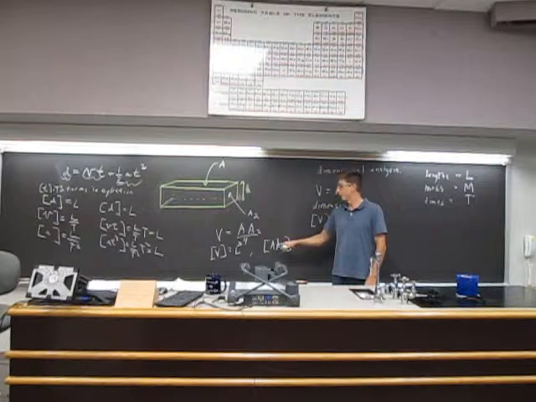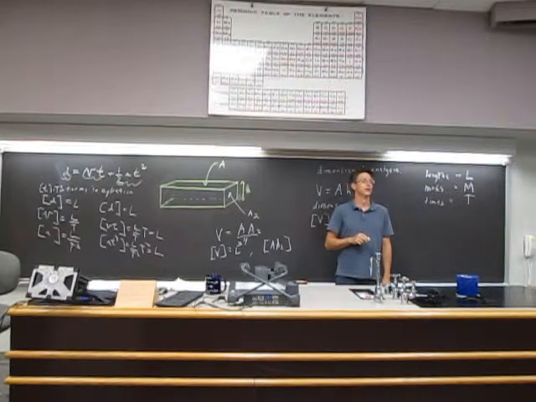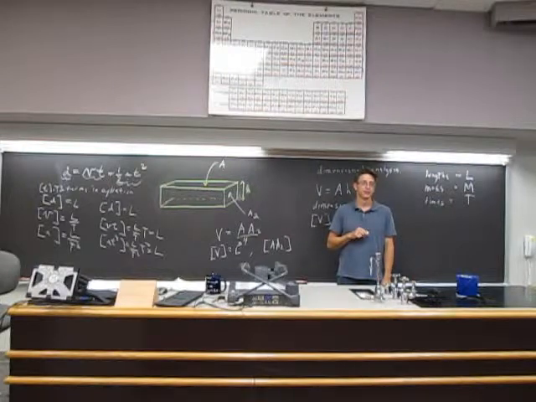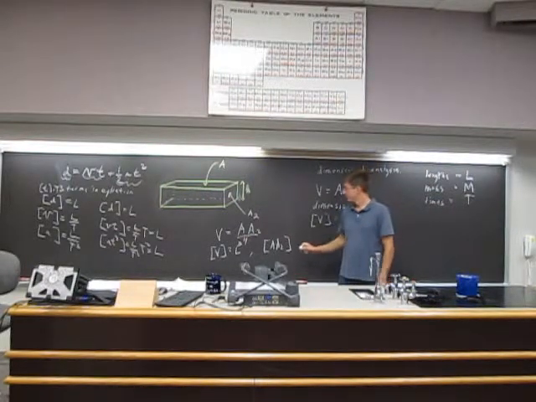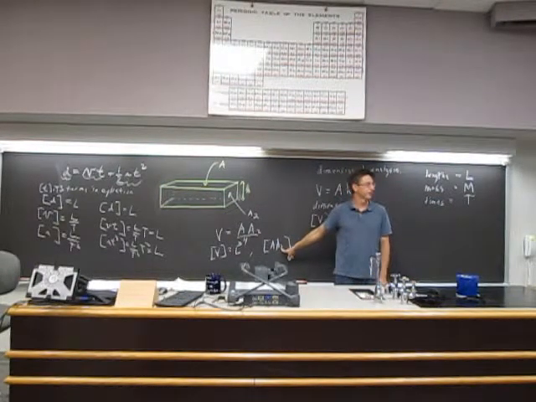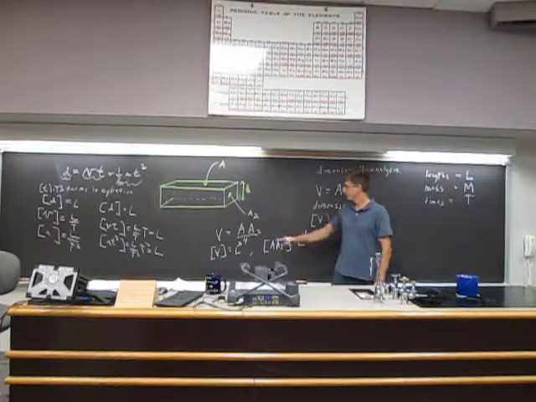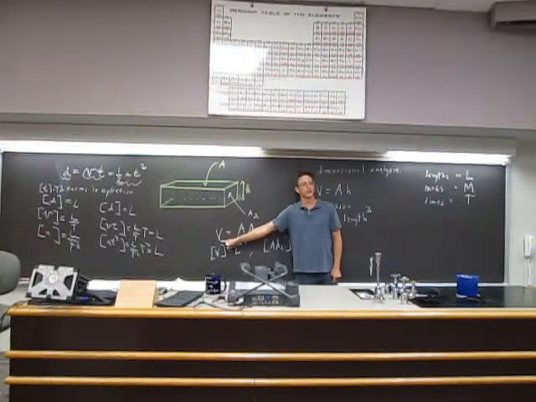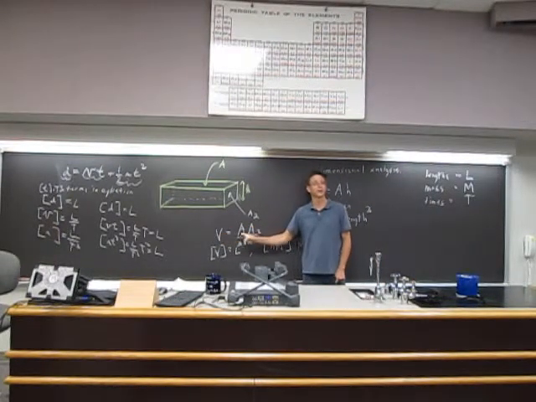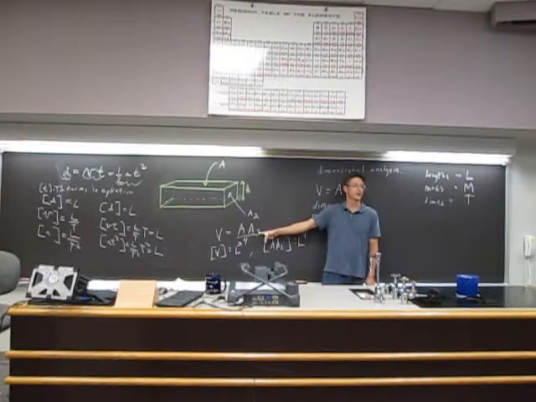So if I multiply 2 areas together, what would be the dimension? Length squared times length squared. Length to the 4th. So here on this side, if I do dimensional analysis, I have a length cubed. I'm setting it equal to something with a length to the 4th power.